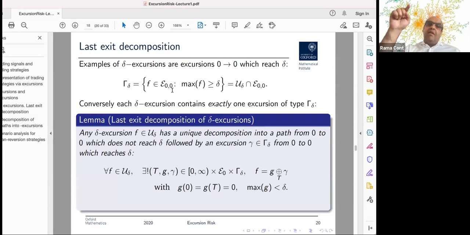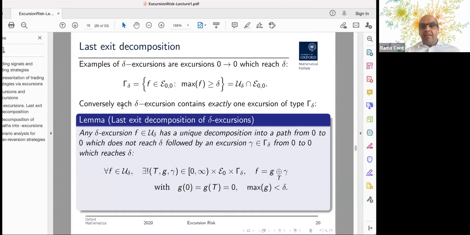They go from 0 to delta and then delta to 0 exactly once. But there is no restriction for a delta excursion to reach 0 only once. It can reach 0 many more times. So these are special delta excursions, the delta excursions which also reach 0 once. These are the intersection of these two things. But these kinds of delta excursions play a special role, and we will use this role later in the constructions we will do.